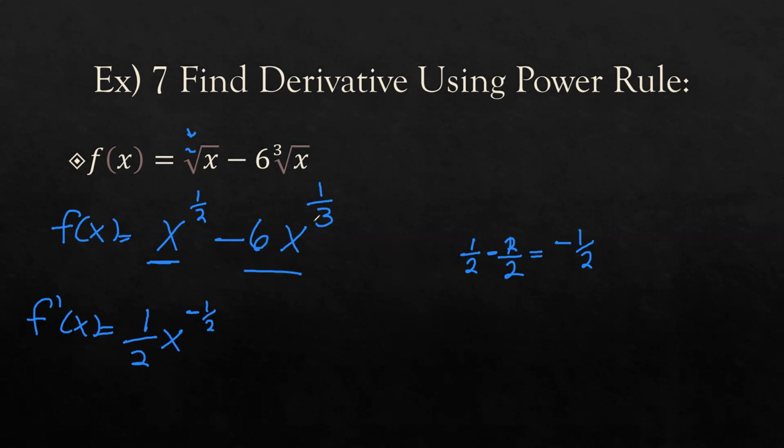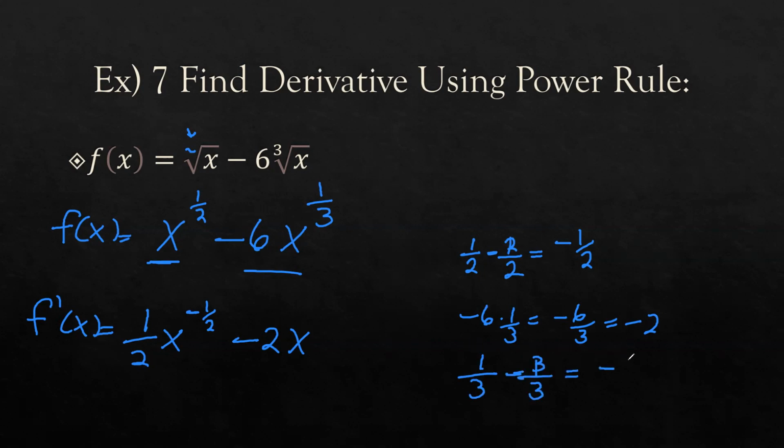The derivative of negative 6x to the 1/3 using the power rule: you multiply the coefficient negative 6 times 1/3, which is negative 6 over 3, which is negative 2x. And then the new power is going to be the old minus 1, or in our case, 3 over 3. So 1 minus 3 is negative 2 over 3.